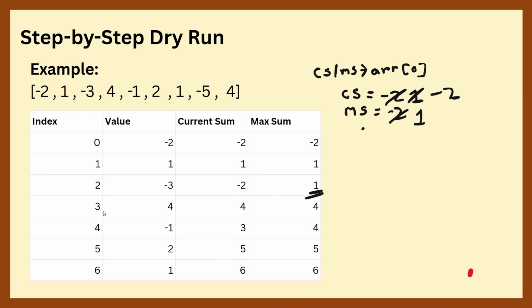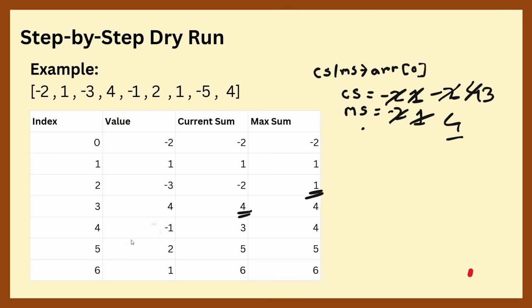For index 3, the value is 4, which is a positive number, so we start a new subarray here. Current sum becomes 4 and maximum sum is also updated to 4. For index 4, the value is minus 1 and current sum is 4 minus 1 equal to 3, but maximum sum will not be updated because 4 is greater than 3.